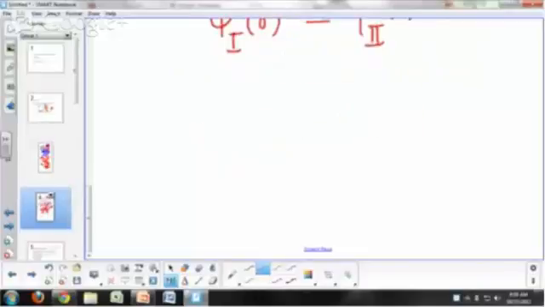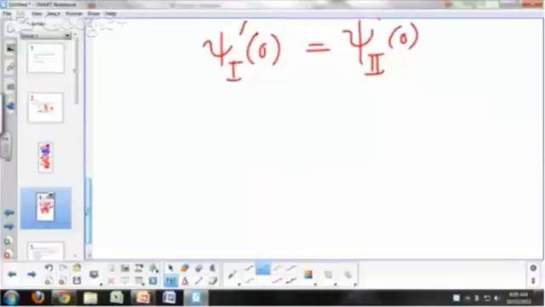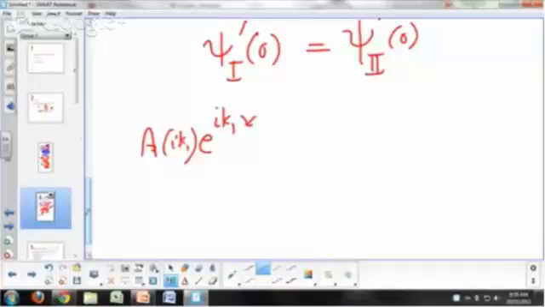What's the first derivative of psi 1? A, and you have e to the i k1 x. What's the derivative of that with respect to x? Multiply that by i k1, plus b, negative i k1 e to the negative i k1 x.